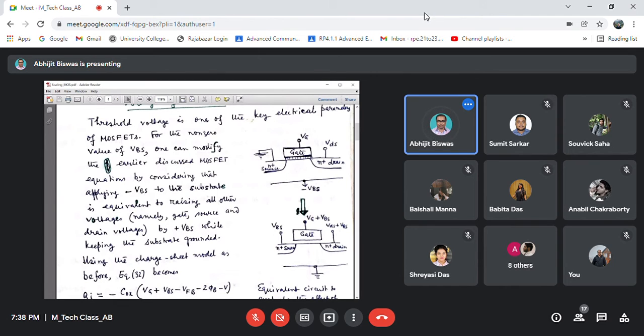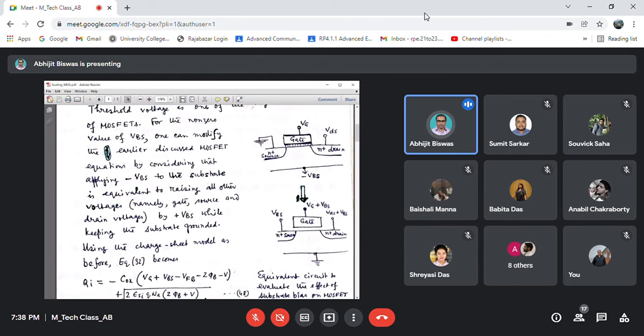The source, 0 plus VBS, will be lifted by VBS, so the source is connected to a positive voltage VBS. Similarly, the gate is VG plus VBS, and the drain voltage will be VDS plus VBS.